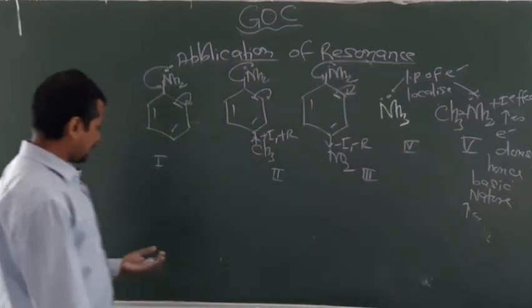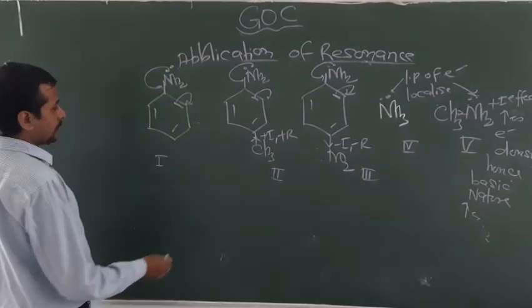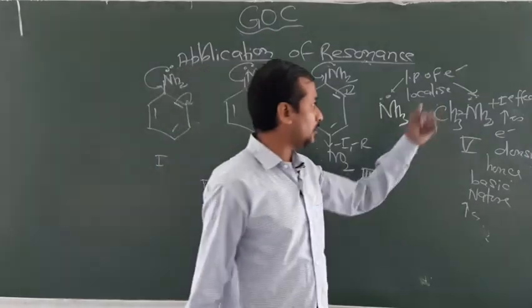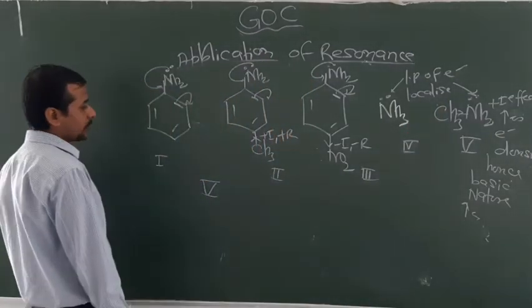Out of 5, the strongest base is the fifth. This is due to plus I effect and also due to localized electrons which are available for donation.